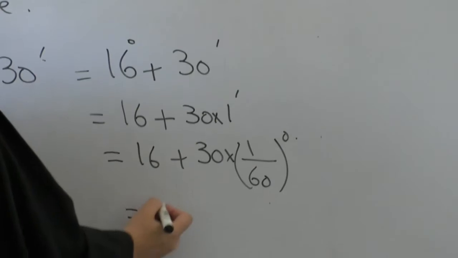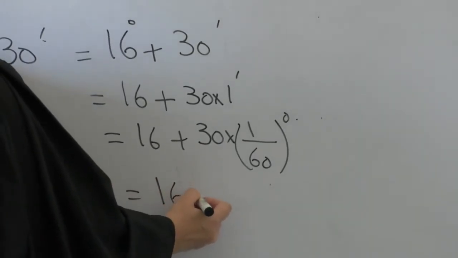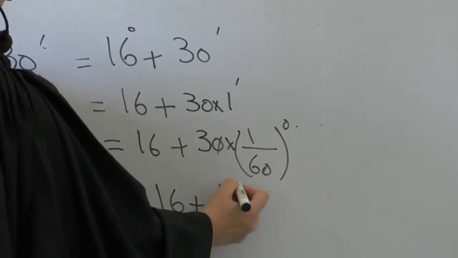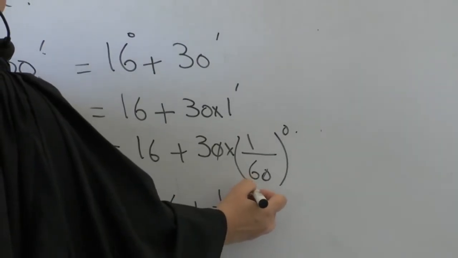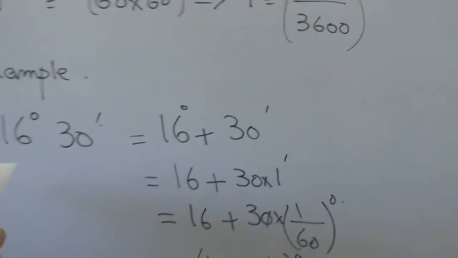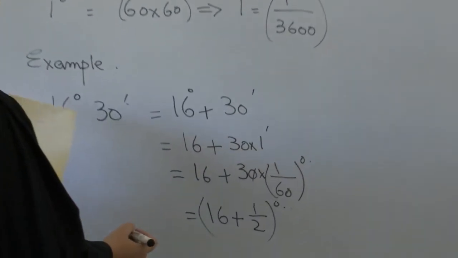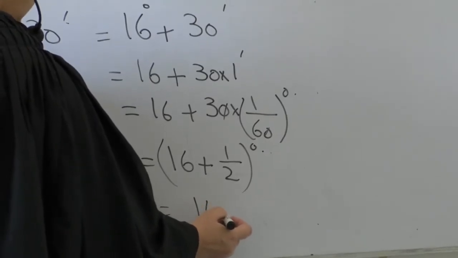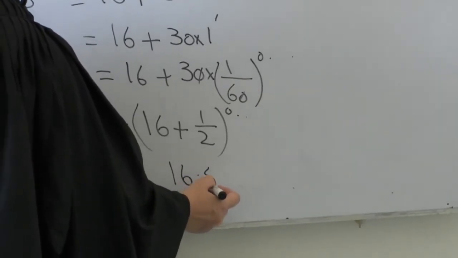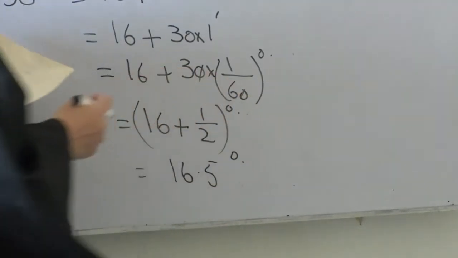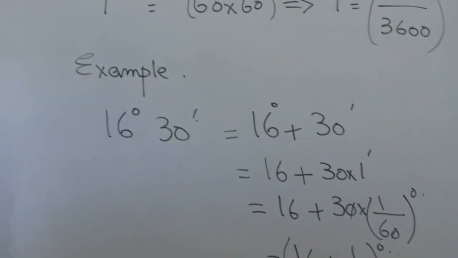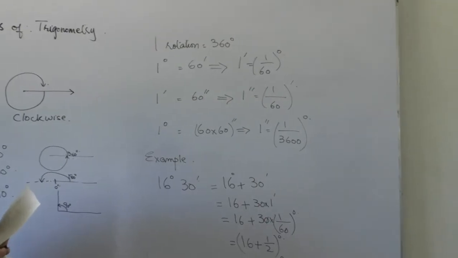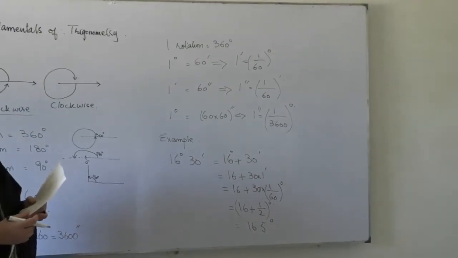So whole of this value becomes 16 plus, and when we cancel, it becomes 1 by 2 degree. So it becomes 16.5 degree. This is the method how we convert any question from sexagesimal to decimal form.